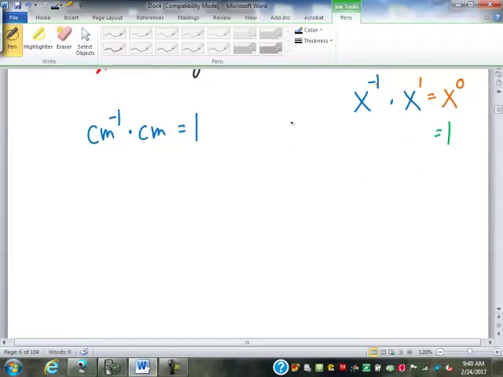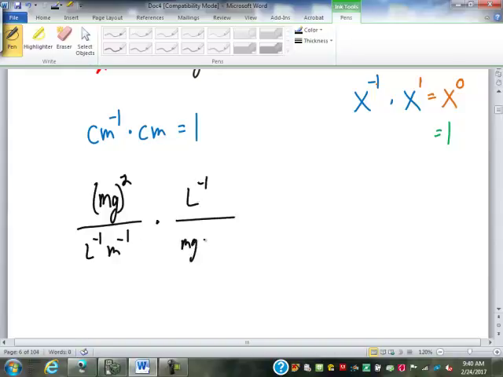So the textbook, again, keeps going to that extreme, and they'll have something like milligrams squared over liters to the -1, meters to the -1, times liters to the -1 milligrams times meters.